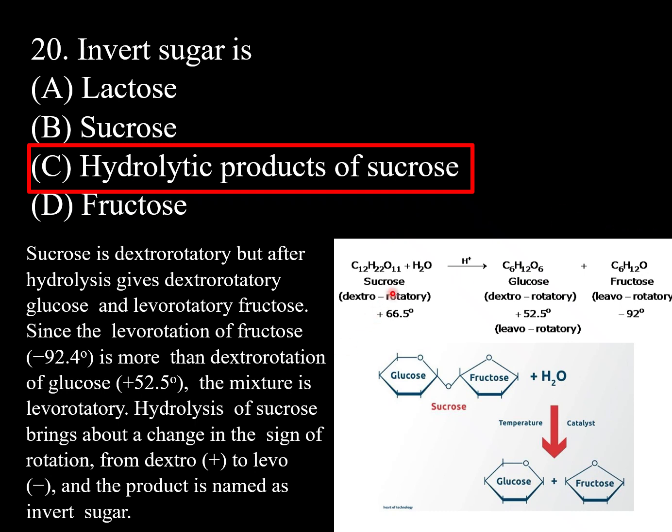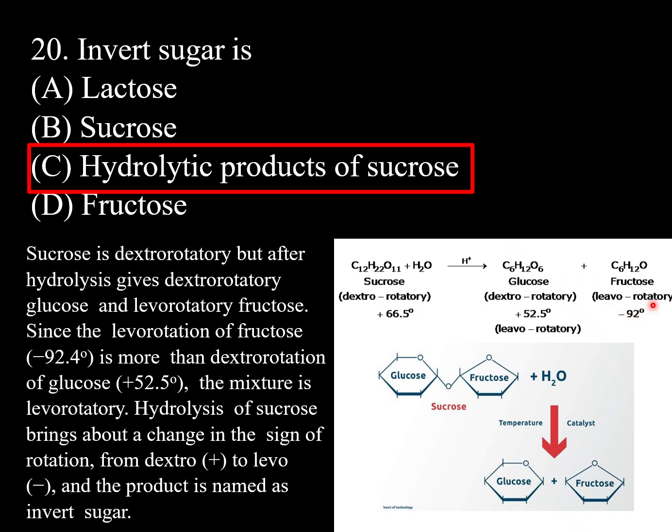These monosaccharides have the property to rotate the plane polarized light in different directions. When it is rotated to the right side, it is known as dextrorotatory, and when it rotates to the left side, it is known as levorotatory.